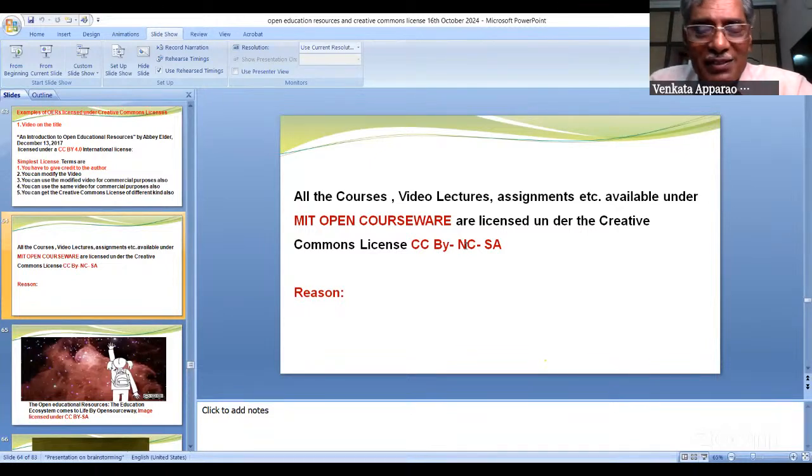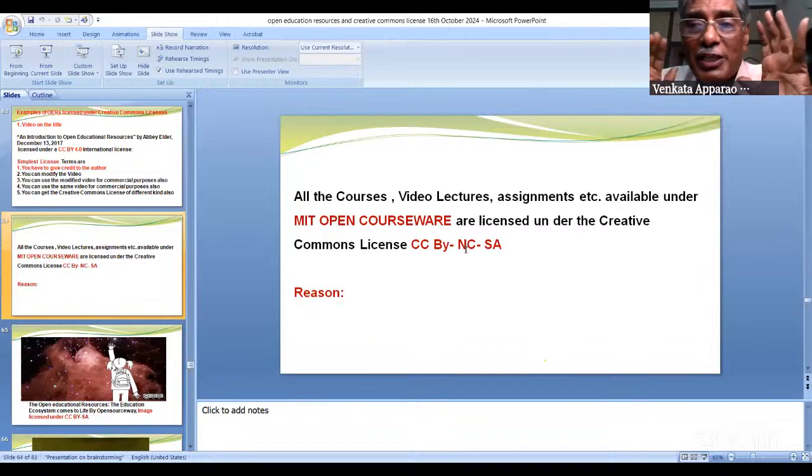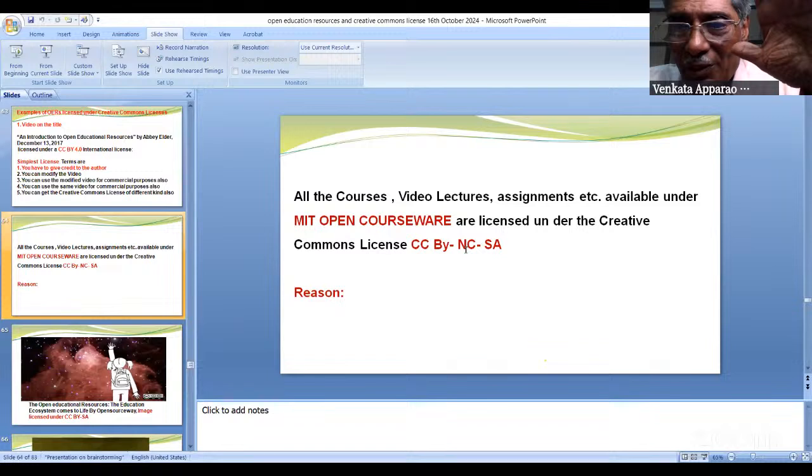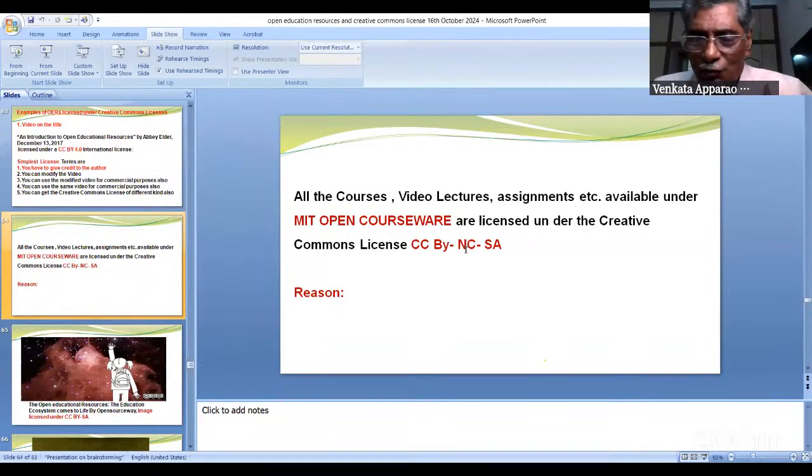There is no ND. You can modify. No derivatives is not there. That means you can modify the video, you can modify the article, but share alike. Under this license, MIT OpenCourseWare is licensed. That is the reason MIT wants it to be used only for non-commercial purposes. If I am the creator, I will also say only for non-commercial purposes. I will also register under the same license, CC BY NC SA.